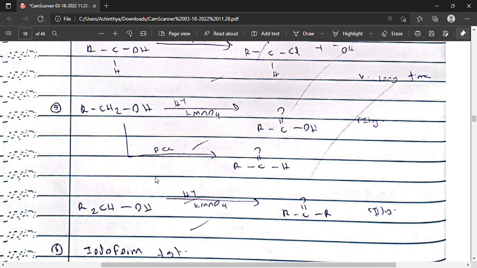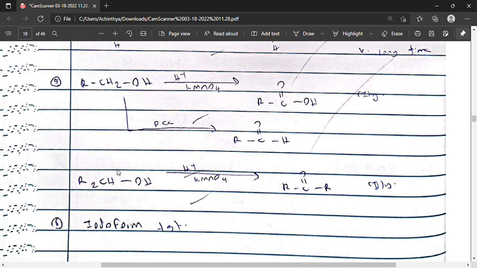For that we use PCC, pyridinium chlorochromate. Carboxylic acids are not formed when secondary alcohols are reacted with an acidic oxidizing agent, in which case it will produce only the ketone.